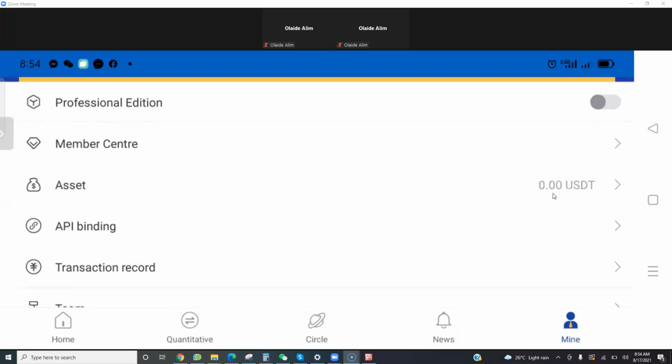Okay, now once you have money here and you've already loaded your Binance account, you can start with a minimum of, it depends on the amount you have, but the minimum amount that you can start with is $100. I'm talking about your trading capital, which means $100 plus $120.